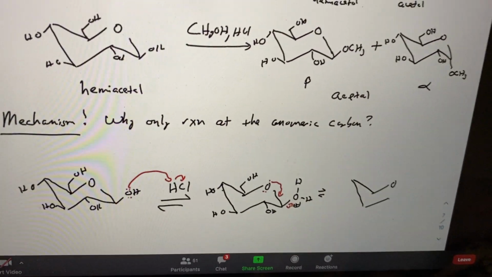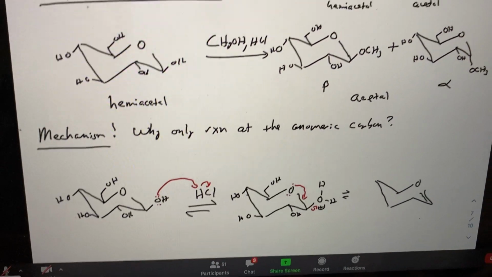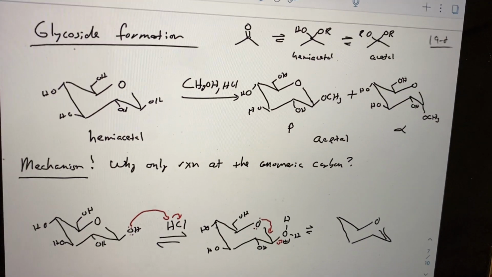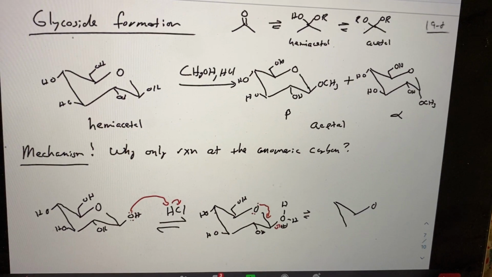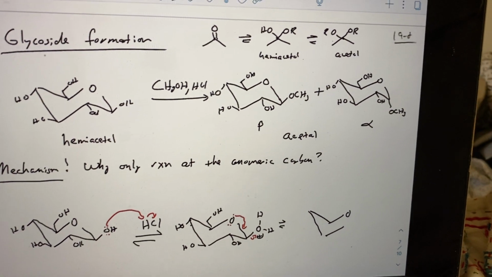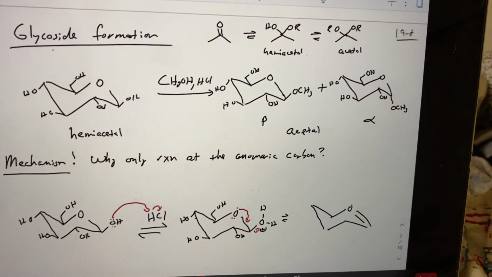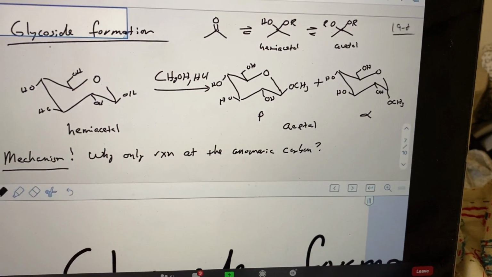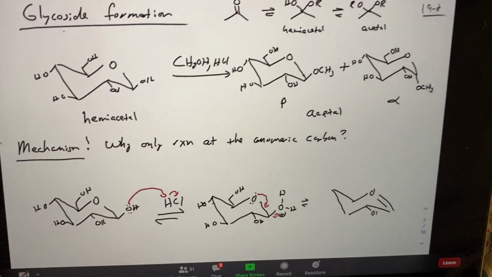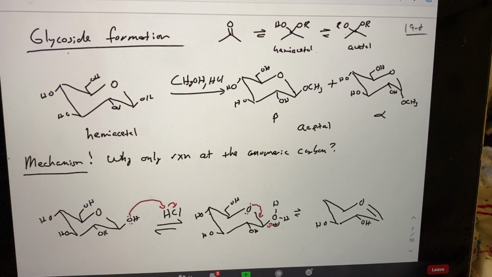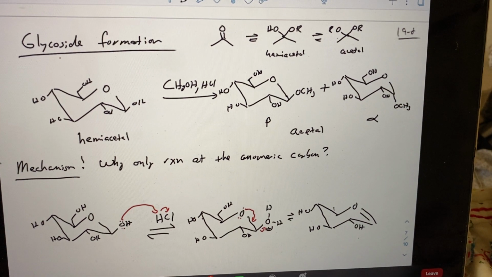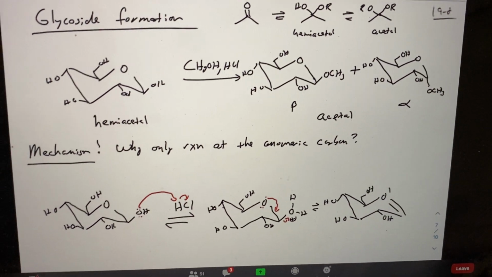I'll just draw it larger here. It's going to have a double bond at this position. Oh no, there we go. This is all the same. Now we have a formal charge on this oxygen.